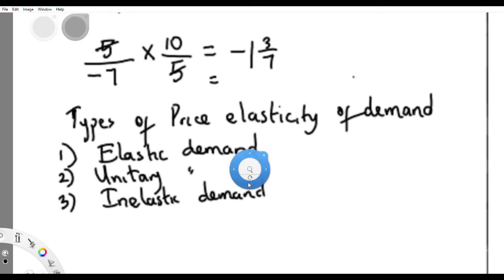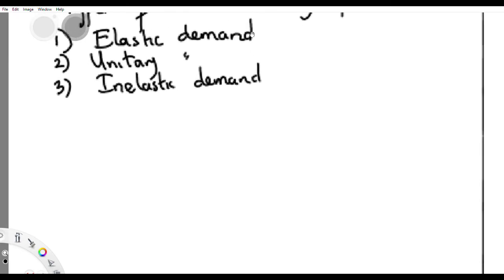Now for elastic demand, it means there is a little change in price. I'm trying to explain it with simple words now. With a little change in price, there's a much change in quantity demanded. That's what elastic demand means.